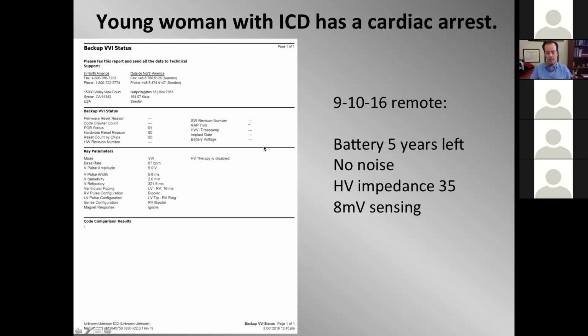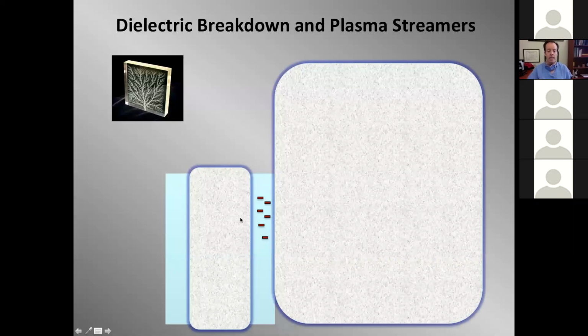So what happened here? If you have an impedance breach between your high voltage and your CAN, and it's usually in the pocket, because it's got to be near the CAN, and you deliver a low voltage HV impedance test, if you have just a little micron of insulator, that low voltage may be okay.